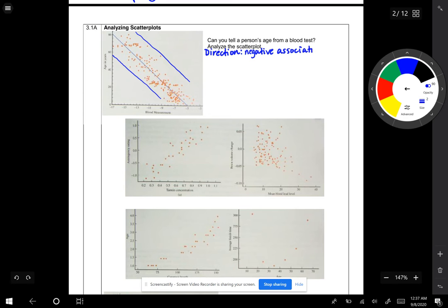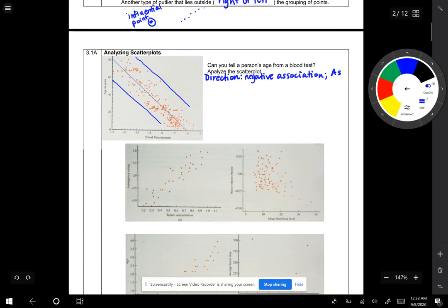In terms of context, you can say as blood measurement, because blood measurement is on the x-axis, it's your explanatory variable, and age in years on the y-axis is your response variable.